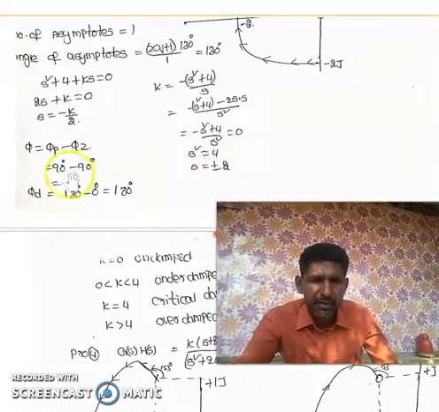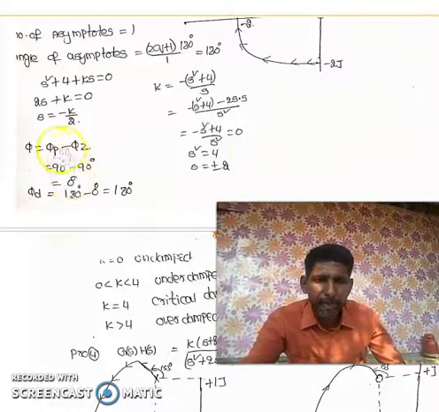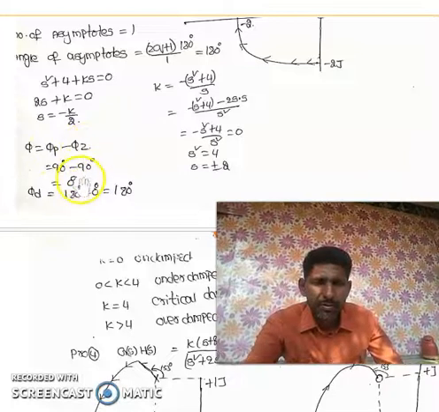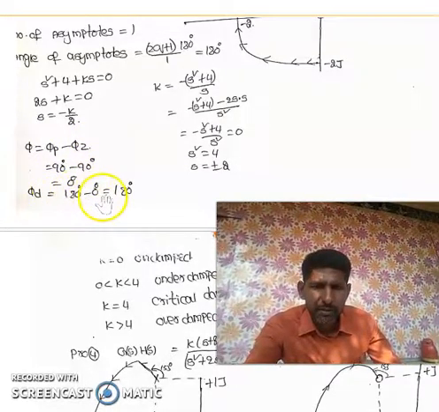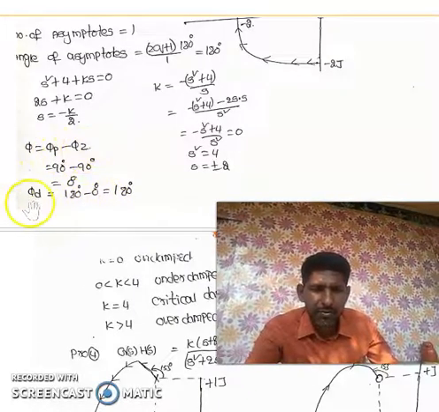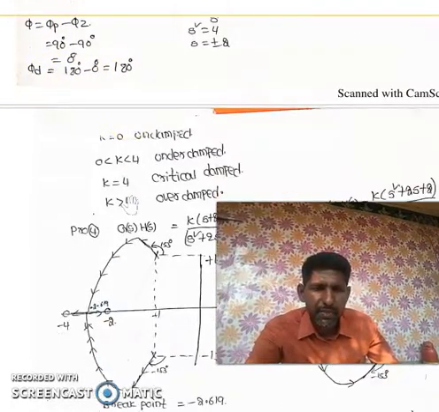So angle of departure we can find as 180 minus phi, where phi is summation of angles of poles minus summation of angles of zeros. So the final angle of departure is 180 degrees.